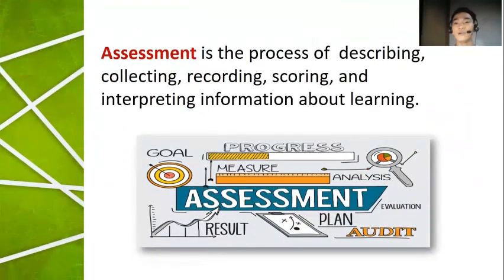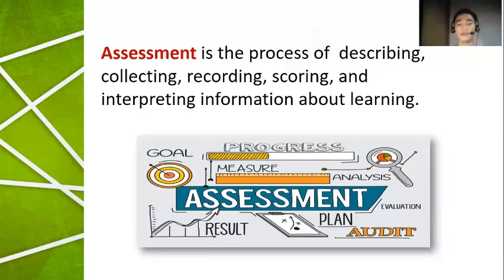And lastly, we have the term assessment. When we talk about assessment, it refers to the process of describing, collecting, recording, scoring, and interpreting results or data obtained from students' learning. As you can notice, assessment refers to the process of both qualifying and quantifying data.